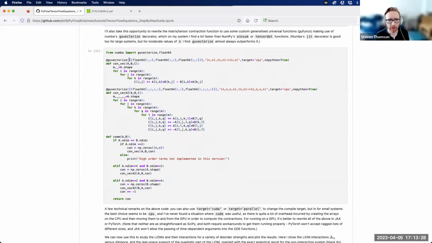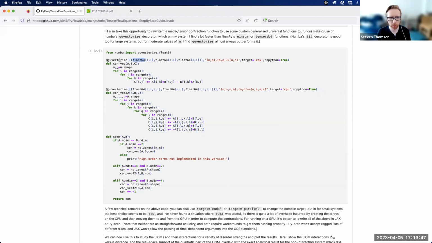What makes it fast is that if you're using Numba's guvectorize, you can type declare like you would do in C or something. NumPy's einsum doesn't do type declarations, so it's quite slow. It has to allow for the possibility that you're trying to add a float to an integer or multiply it by a string or whatever.